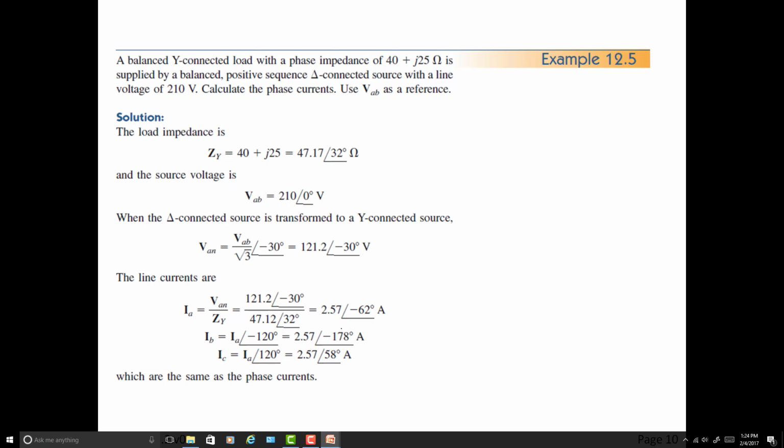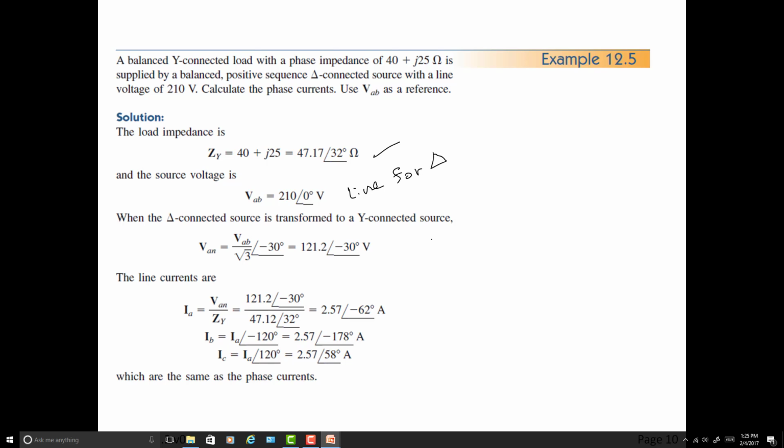An example of that last transformation takes place in your text in example 12.5. Here we begin by just calculating the Y load. So we put it in phasor form, right? Some length at a positive angle. The source voltage is this. So this was a line voltage out of a delta source.